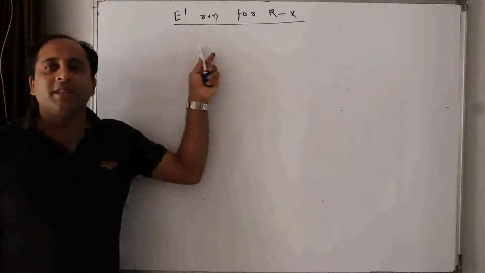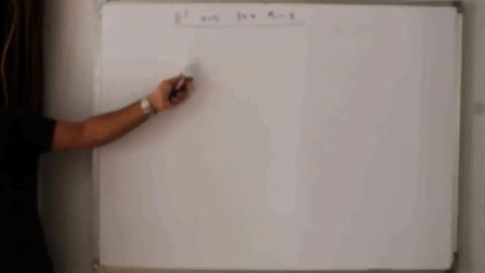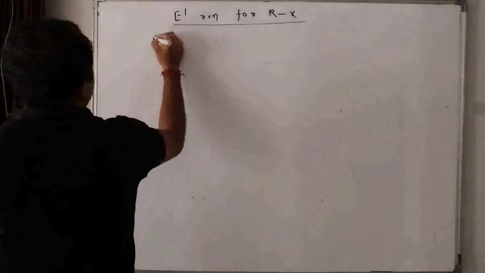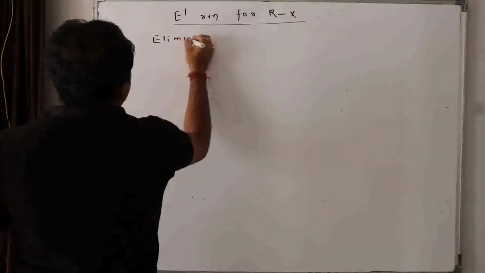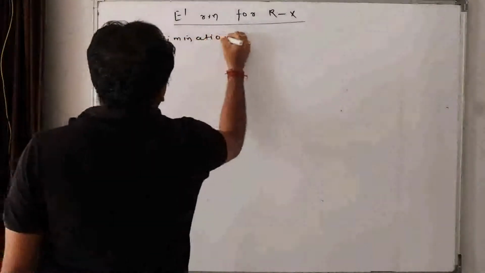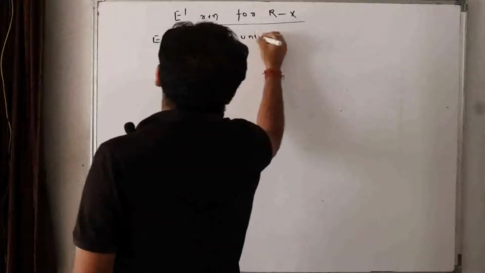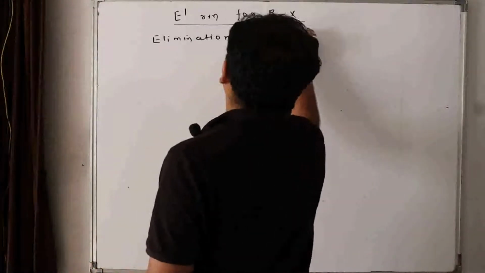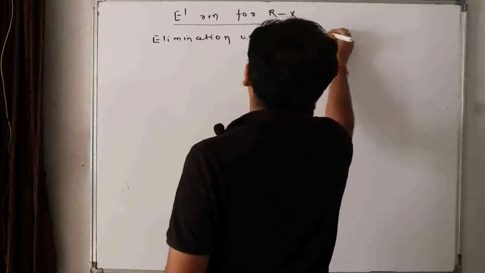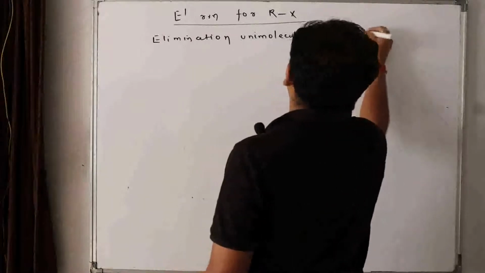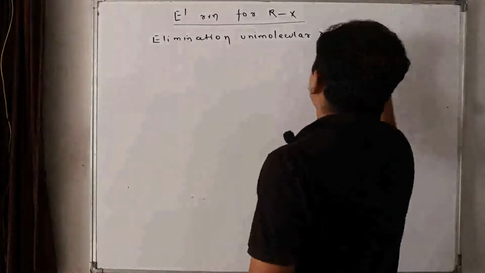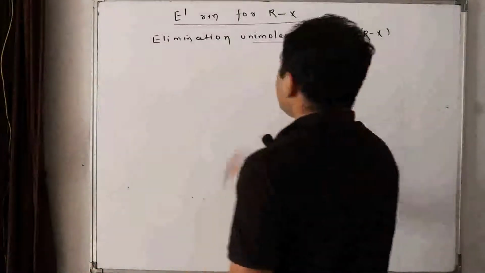E1, as I discussed, is elimination unimolecular, or I can say unimolecular elimination reaction of alkyl halide. Unimolecular, do you understand?